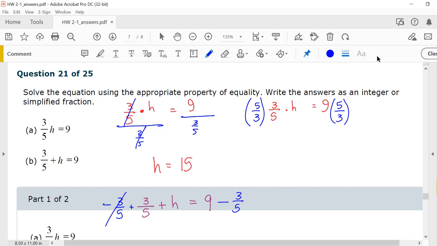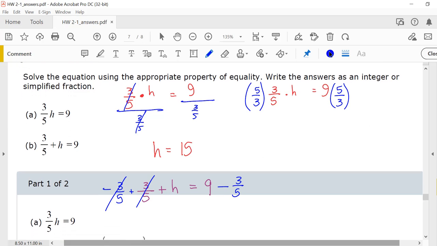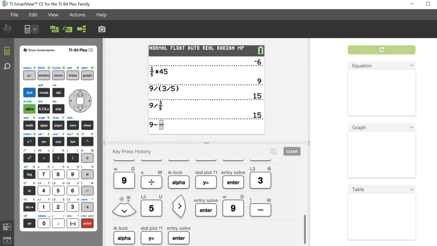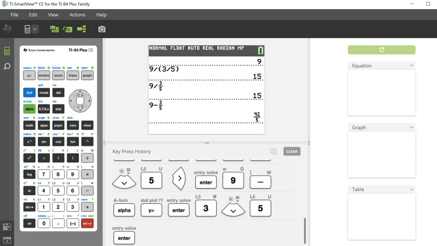So negative 3/5 plus 3/5 is 0. And I'm left with h equals 9 minus 3/5. 9 minus 3/5 is 42/5.